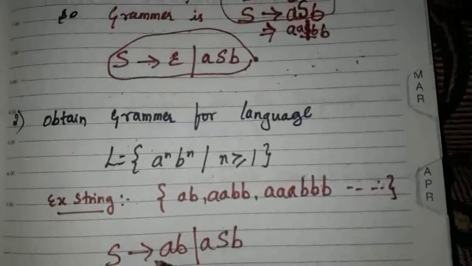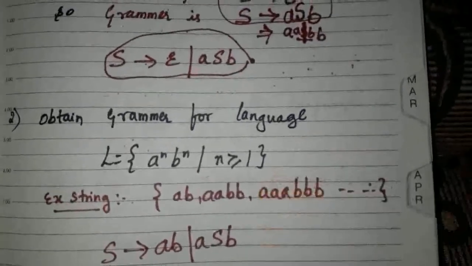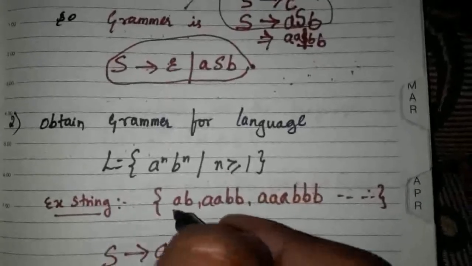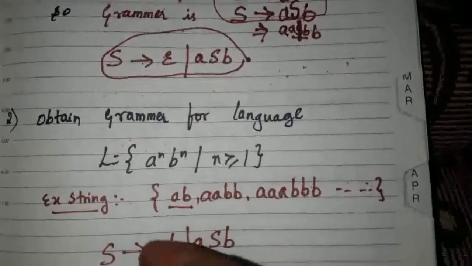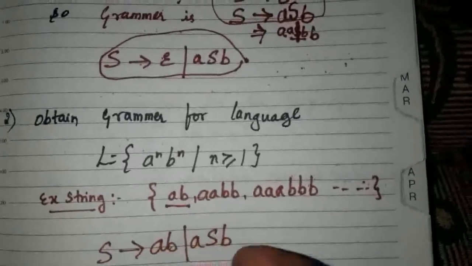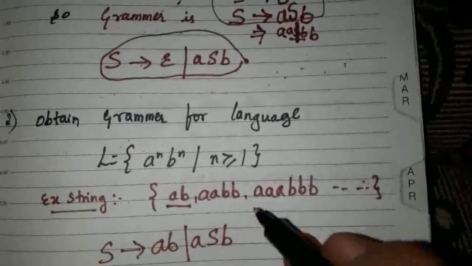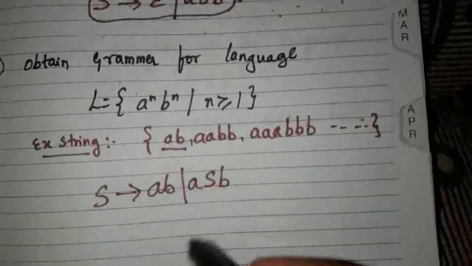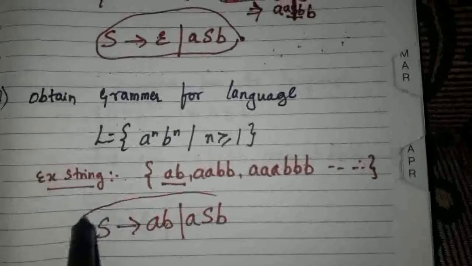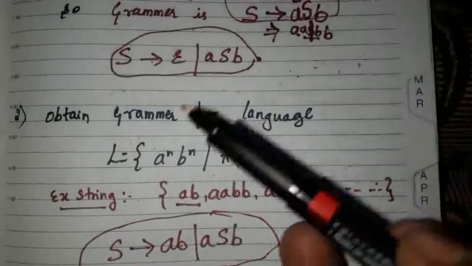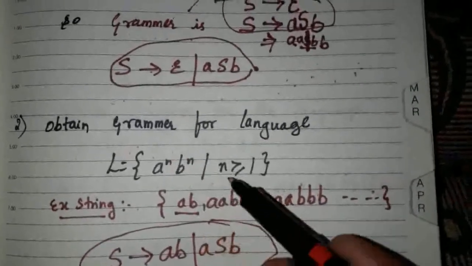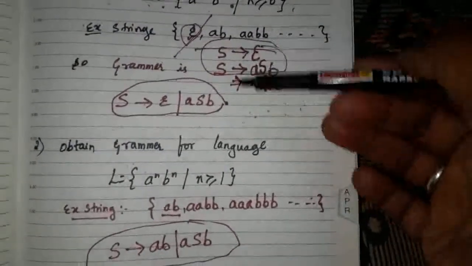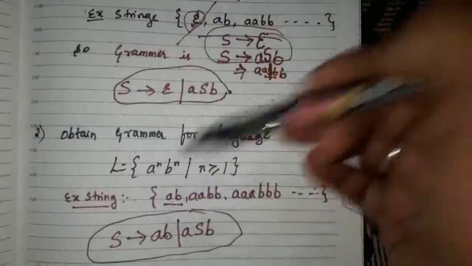Now what is the basic string I get? The basic string I get is AB. Epsilon is replaced with AB here. And the second half will remain the same to get multiple A's followed by multiple B's. So this acts as the grammar for the given problem A power n B power n where n is greater than or equal to 1. Just a slight change, instead of epsilon we are taking AB here, that's it.